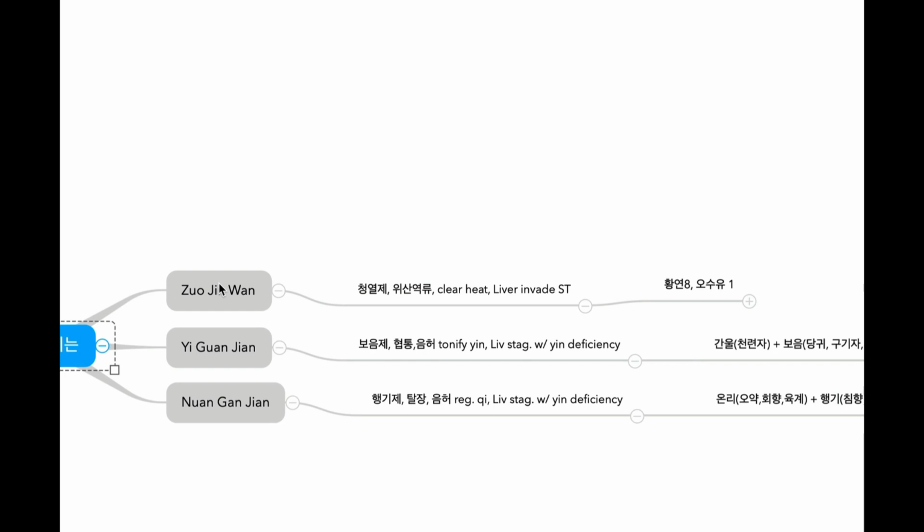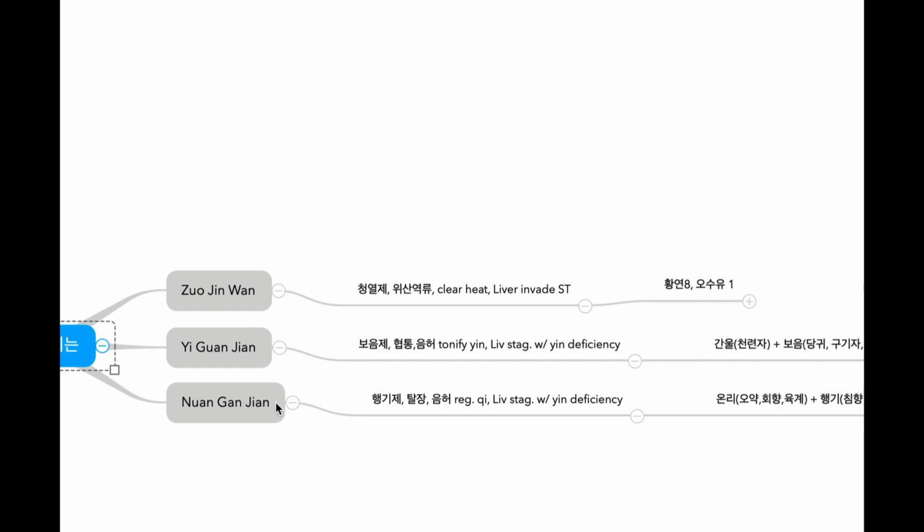So liver heat makes the stomach dry. That is Zuojinwan. Zuo, liver. Jin, dries out the stomach. So it is used for stomach dry heat and acid reflux with liver heat. That is Zuojinwan. So Huanglian and Wuzhuyu, only two ingredients, Huanglian and Wuzhuyu.